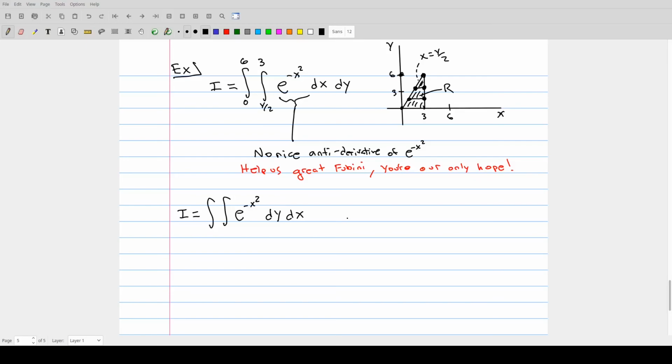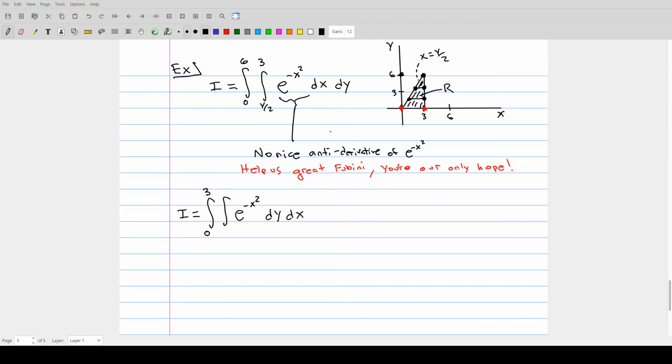But this new integral is going to be the integral in the order dy dx, or x as our outer bound and y as our inner bound. And we know that x goes from 0 to 3, or here to here, for this domain.